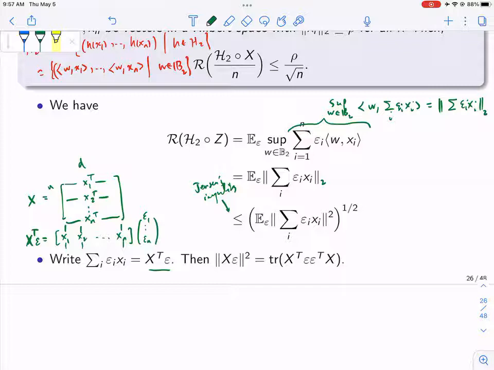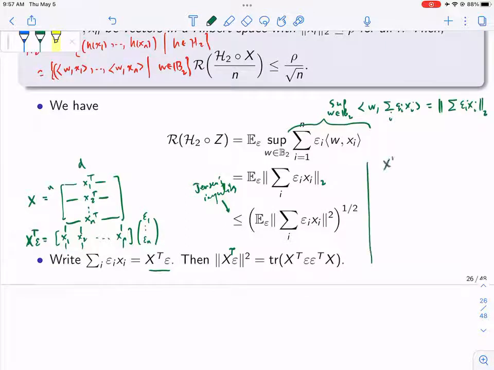And then there is this trace trick. So this is X transpose epsilon squared, and I'm writing it like that. So why can we write it like this? Right, so the idea is that we do X transpose epsilon squared.